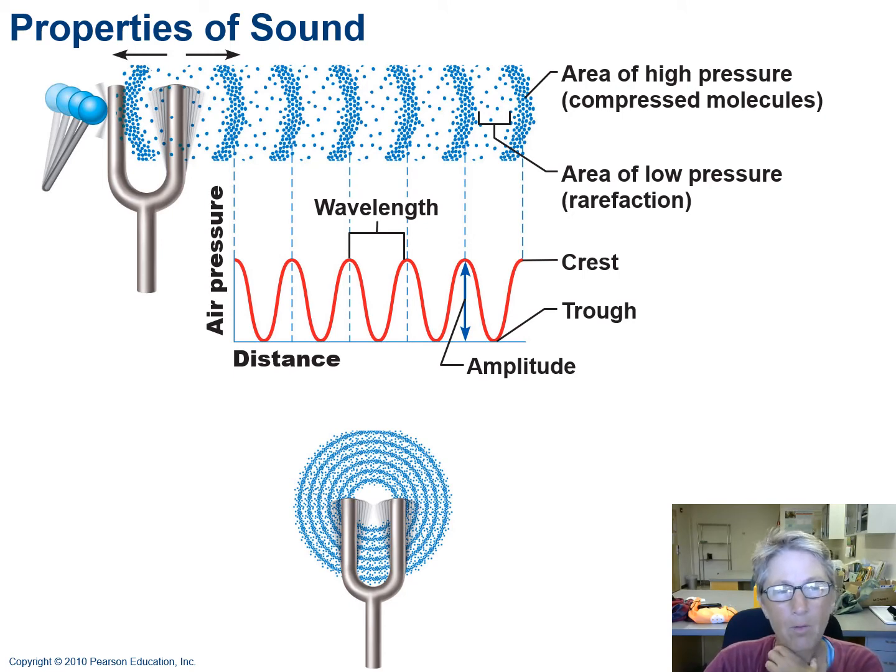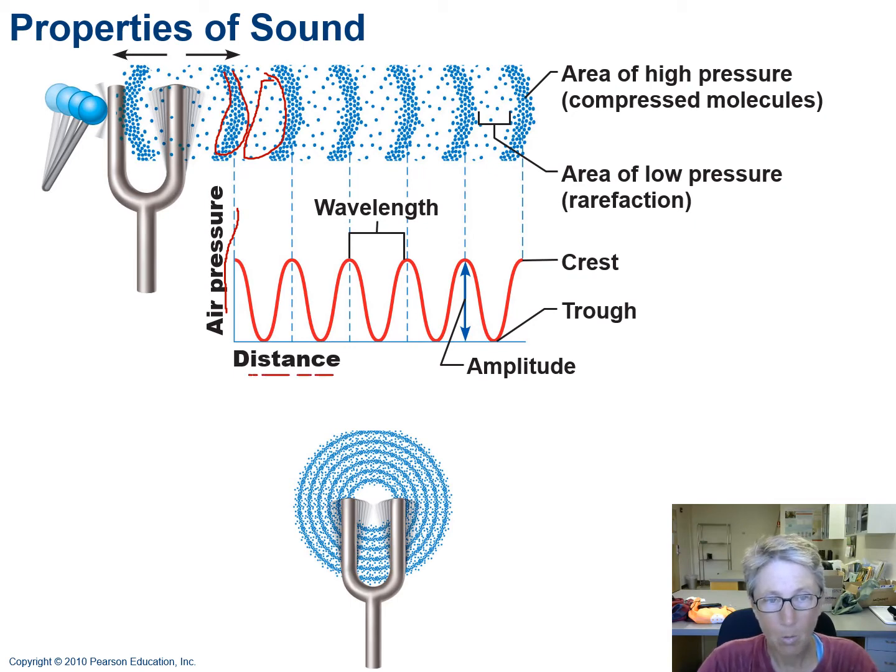Okay, so we talked about how you hit a tuning fork and you get an area of high pressure where the compressed molecules are. That's compression. And where there's low pressure or fewer molecules, that's rarefaction. And then you can associate that with a graph of the wavelength of these waves. So here's air pressure on the y-axis, here's distance on the x-axis.